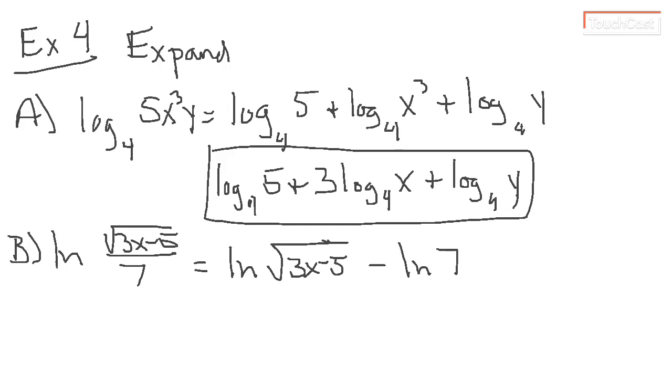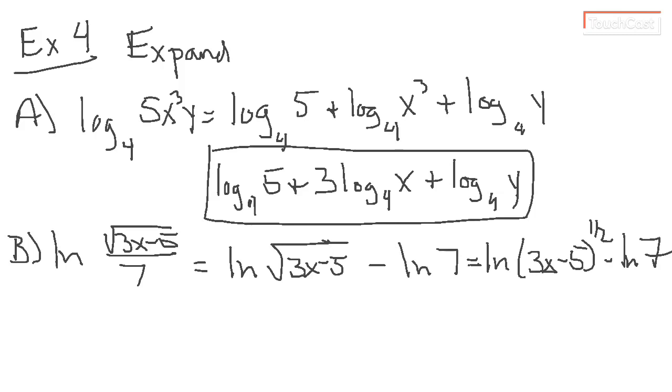And we can rewrite that square root as a power that is a fraction. So we can rewrite this as the natural log of 3x minus 5 in parentheses to the power of 1/2 minus the natural log of 7.